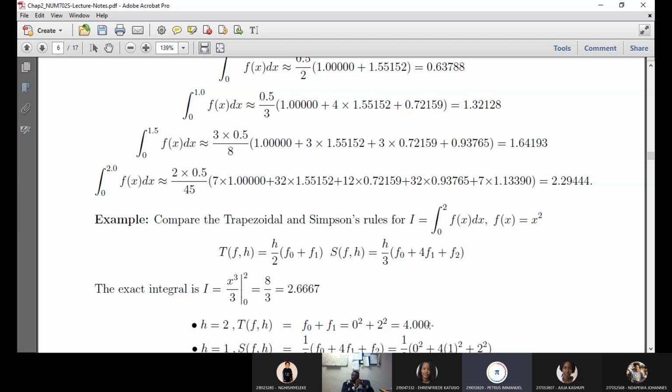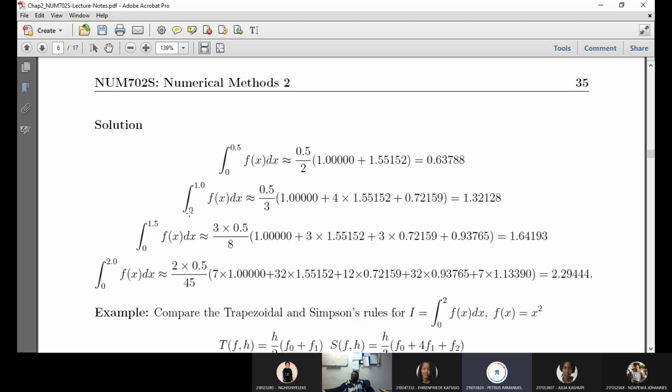Now for the Simpson rule, since our limit of integration is fixed, similarly we fix that interval to 2. That is from 0 to 2. That is fixed. Now what will change is the number of sub-intervals, because remember that if you look at the formula for the Simpson rule, you have 2 sub-intervals.